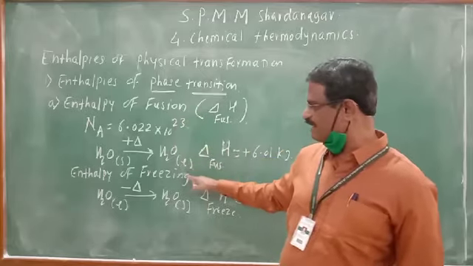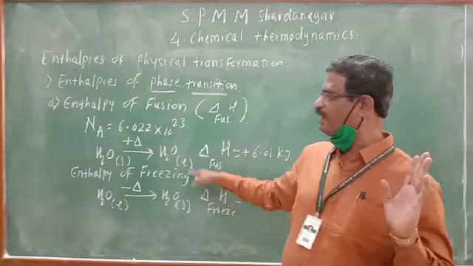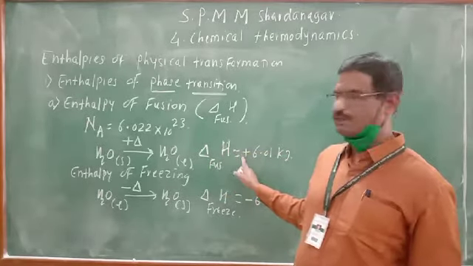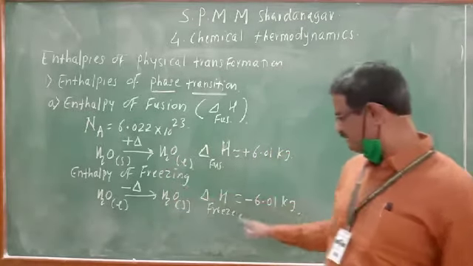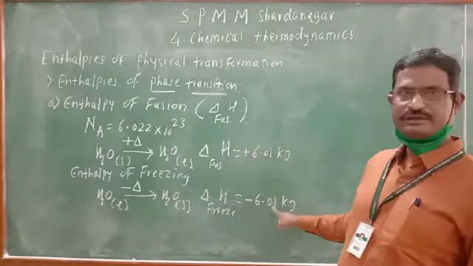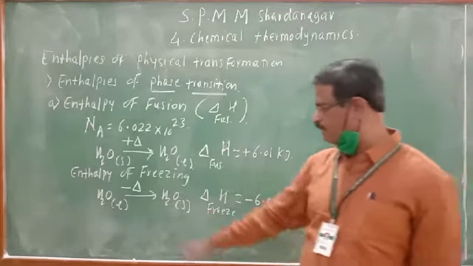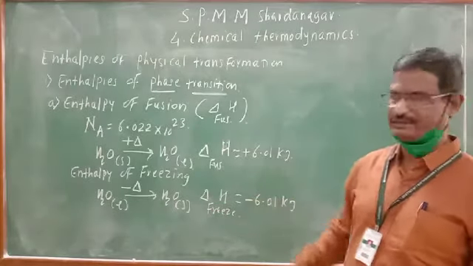Enthalpy of fusion and enthalpy of freezing are opposite of each other. Enthalpy of fusion is positive because heat is absorbed to convert solid to liquid, whereas enthalpy of freezing is negative because heat is released, given out whenever liquid is converted to solid.